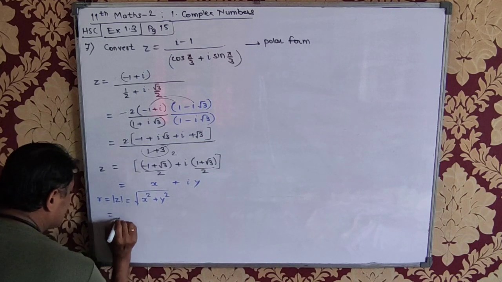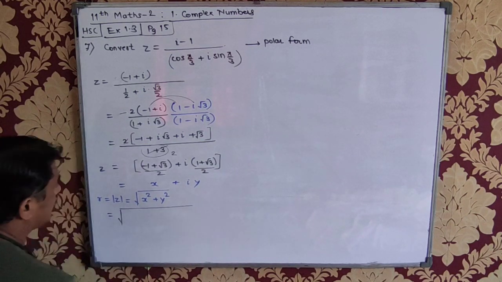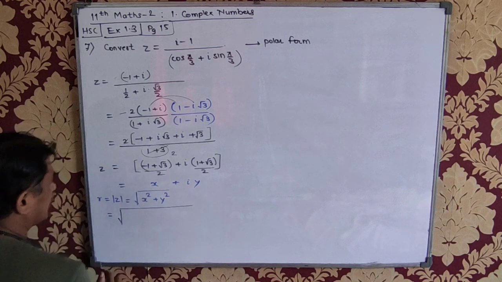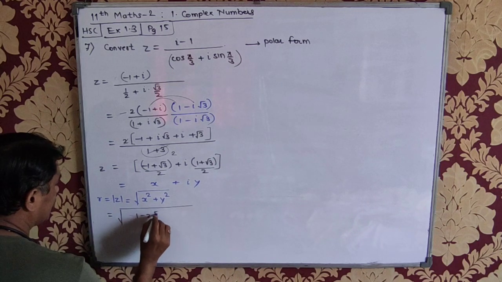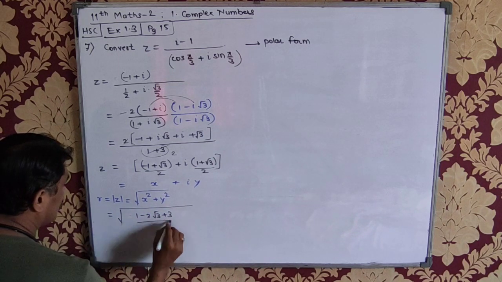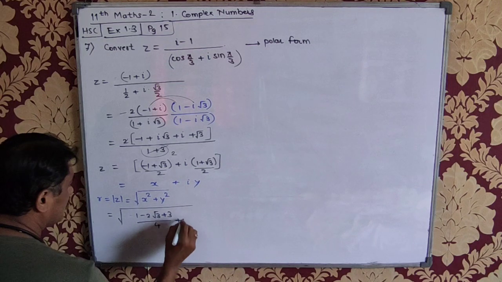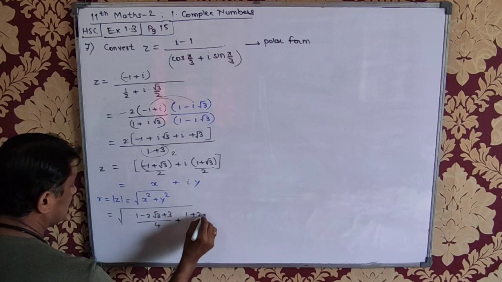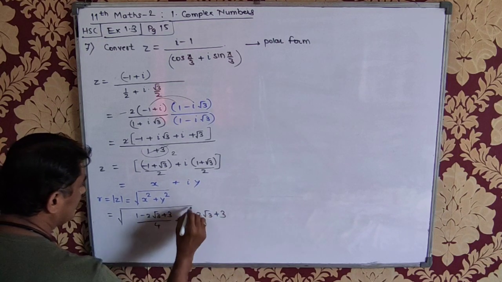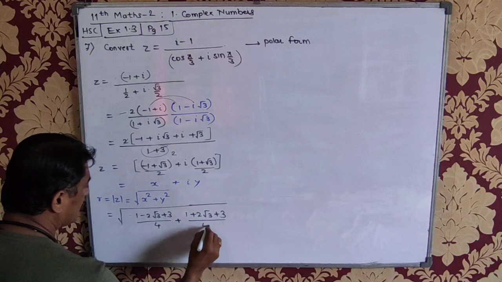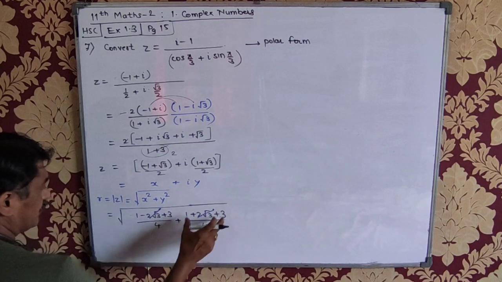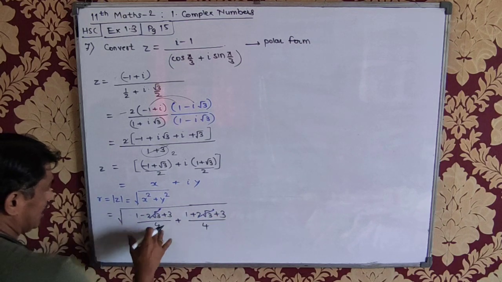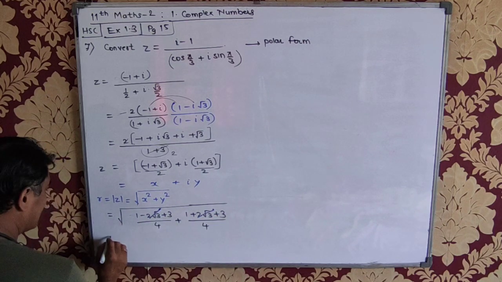We can directly square it: 1 minus 2 root 3 plus 3 upon 4, plus y square, 1 plus 2 root 3 plus 3 upon 4. The root 3 terms will get cancelled. 4 plus 4 is 8, 8 upon 4 is 2. So R is equal to root 2.